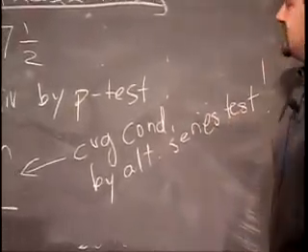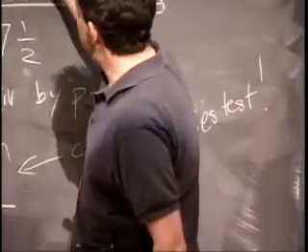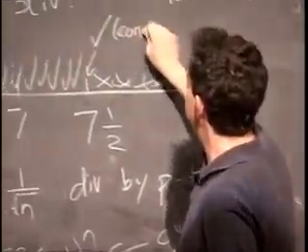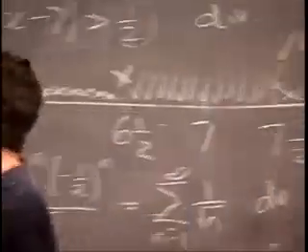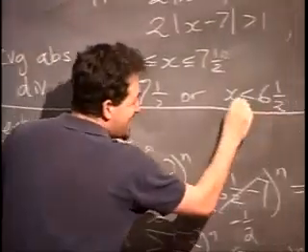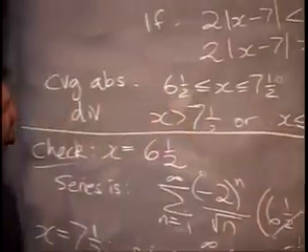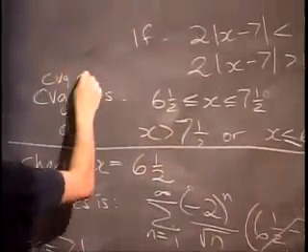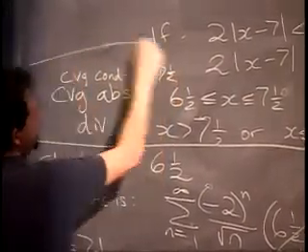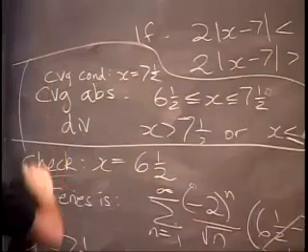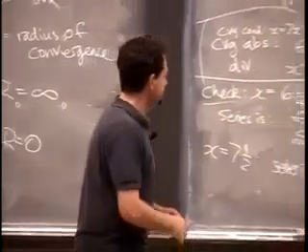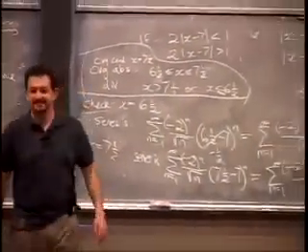But basically, the end result is that you do have convergence there, but only conditional. So it's worth adding this to the summary here: it diverges at x equals 6.5, but it converges conditionally at x equals 7.5. So there is the complete answer to the problem. Anyway, next time we'll do another example or two. See you then.